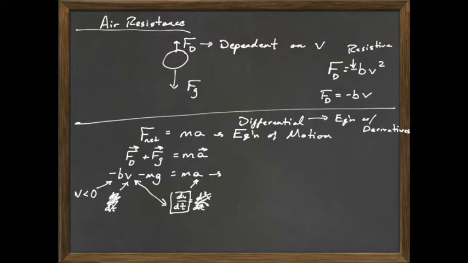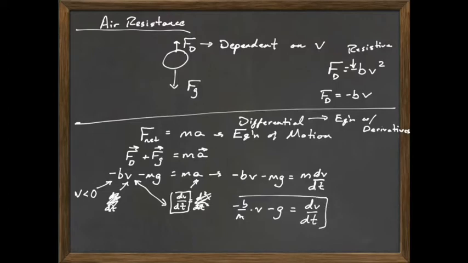So that means we take this equation and we rewrite it to say negative b times v minus mg is equal to the mass times the derivative of velocity. Okay, and we could do some math here and divide out the m and end up with an equation that says minus b over m times v minus g equals dv over dt.